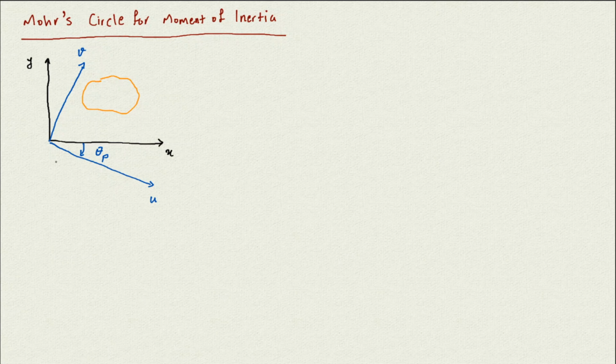So if u is the axis with the maximum moment of inertia, v is going to be the axis with the minimum moment of inertia. Assume we rotate and get to that point.